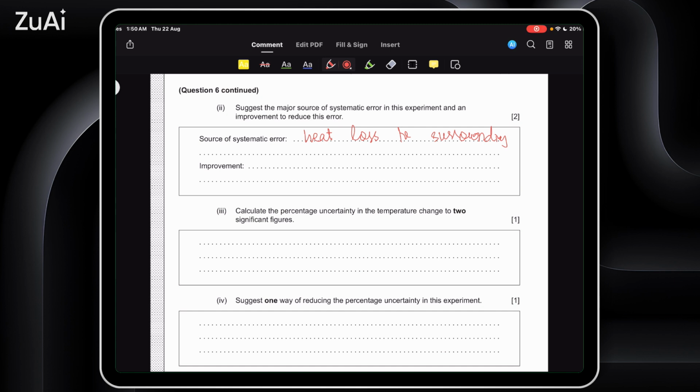So if we put a lid on the beaker, it does not allow gas to escape.